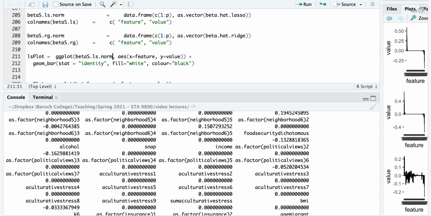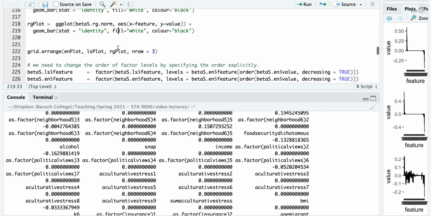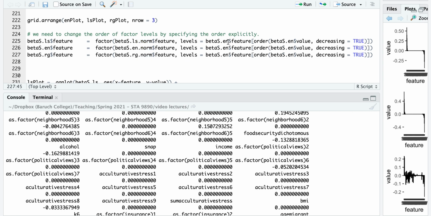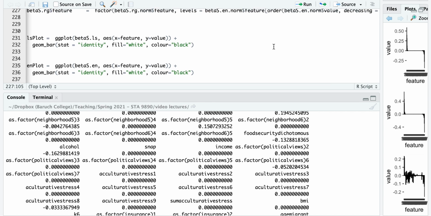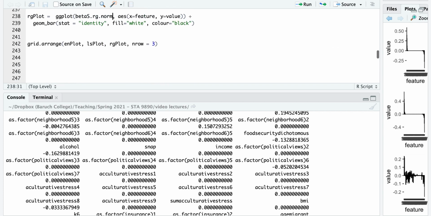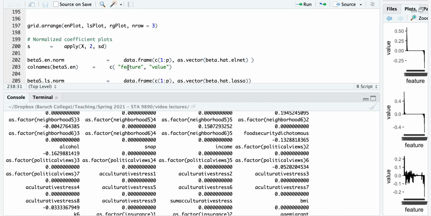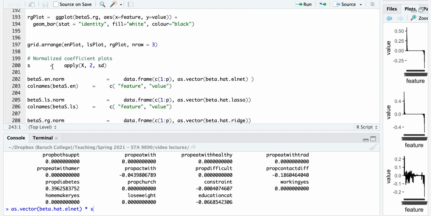Okay, so we calculate the standard deviation.